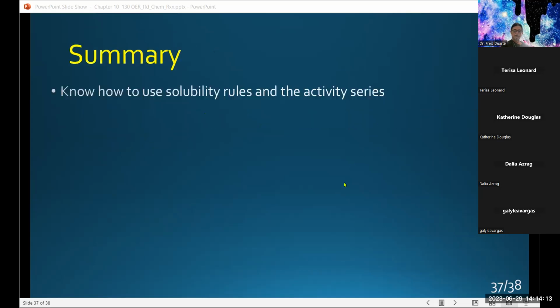To summarize this particular chapter, be familiar with the solubility rules. Be able to look at a reaction and determine, first of all, the compound itself: is it soluble or insoluble?